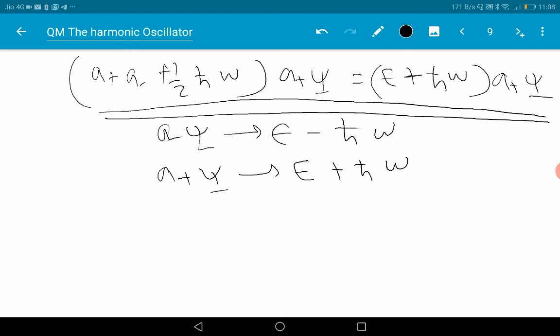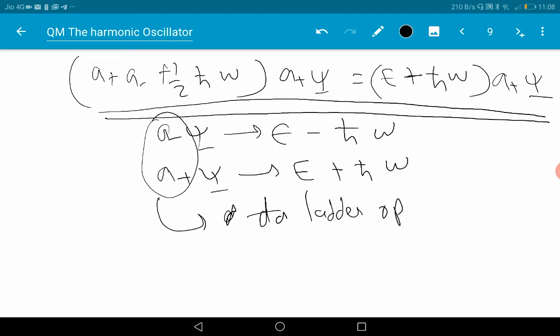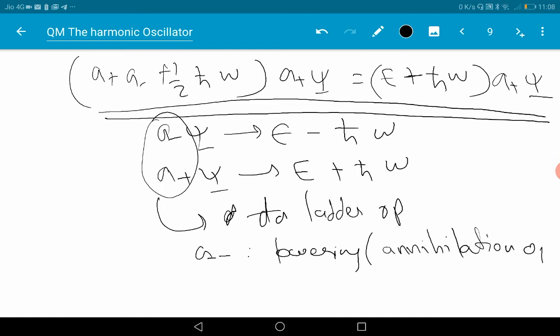So this is why it is called a ladder operator, where a minus is called the lowering or annihilation operator, and a plus is called the raising operator.